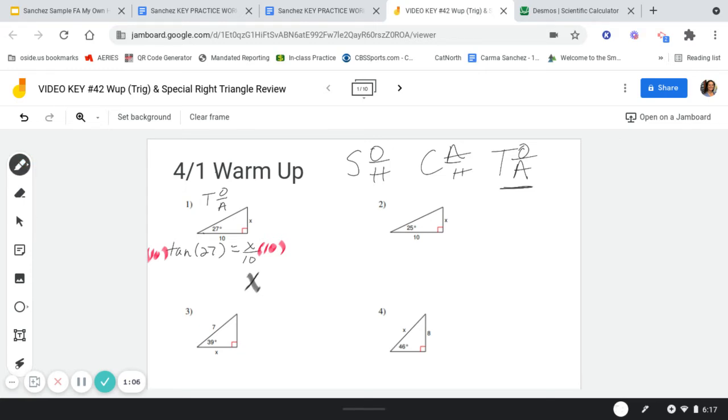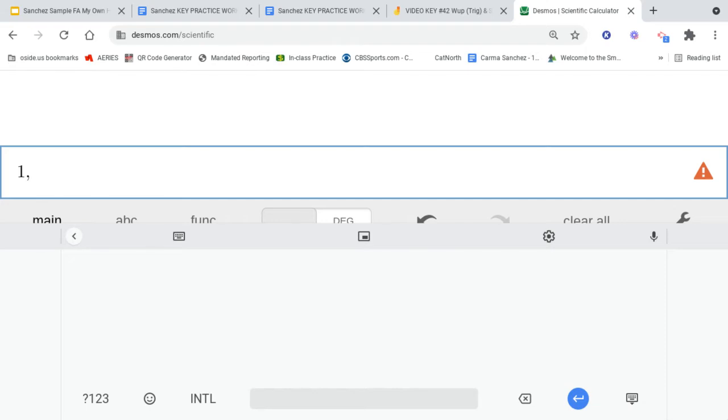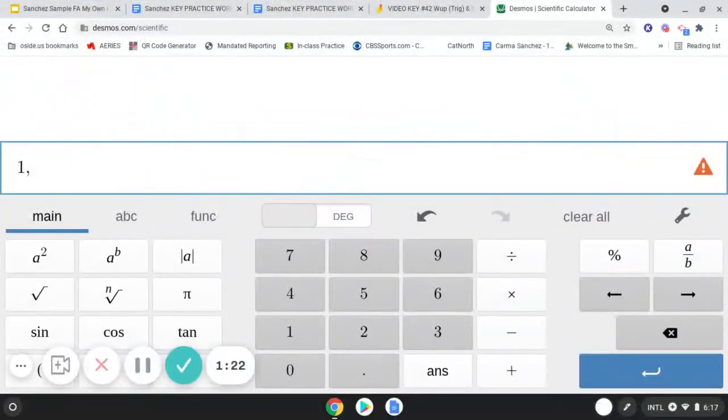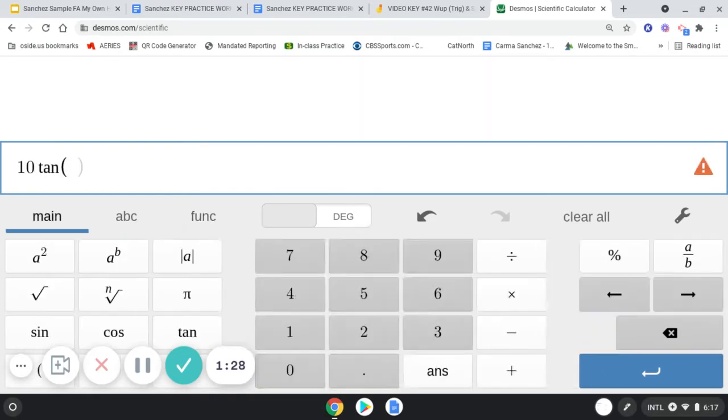So plugging into our calculator, we're going to type in the tangent of 27 times 10. And notice we're going to get 5.09, but it rounds up.